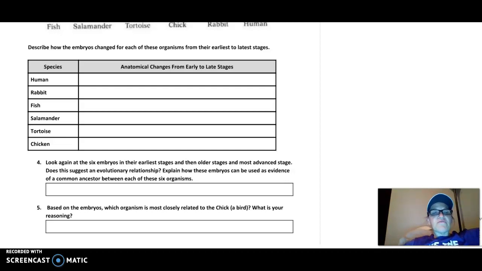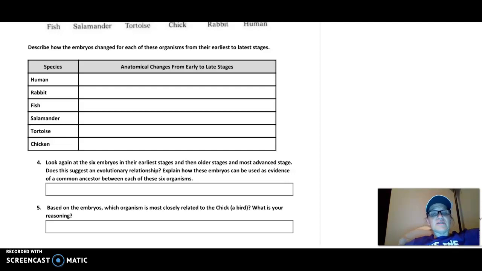Question number 4 just asks you to look again through all those and identify if you think this could support some evolutionary relationship, meaning, do these organisms maybe share a common ancestor? Do they have similarities that would indicate they could have come from a similar prehistoric organism? And which ones are more closely related than others?